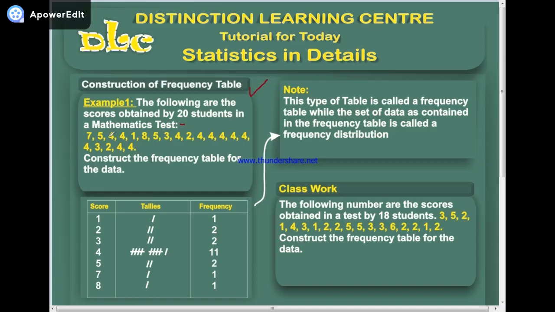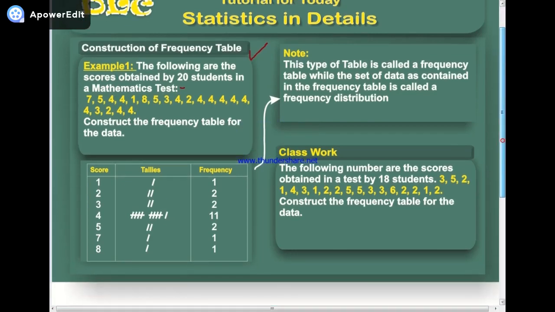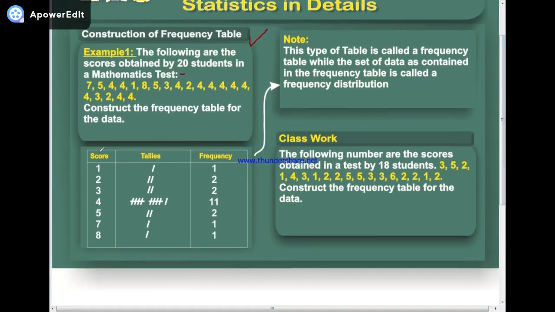Now, what are you going to do? The first thing you will do is to construct your score column. Now, how can you generate the data for the score?